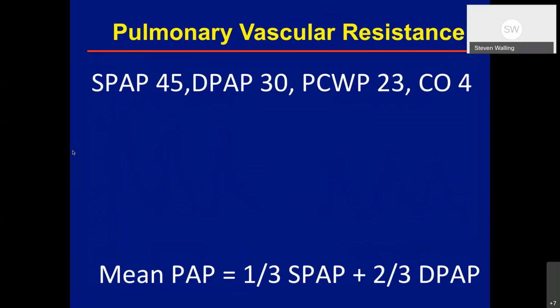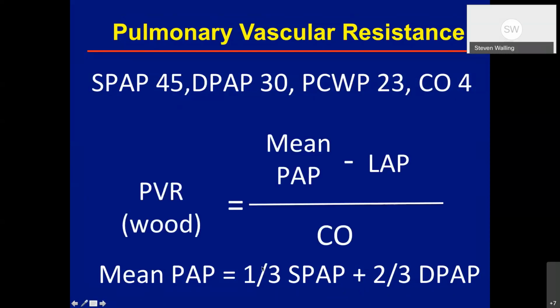So I'm going to quickly go through some of the calculations. We all know that the mean pressure, same as the mean blood pressure, is equal to 1/3 of systolic blood pressure and 2/3 of diastolic blood pressure. And the same thing applies to the PA pressure.